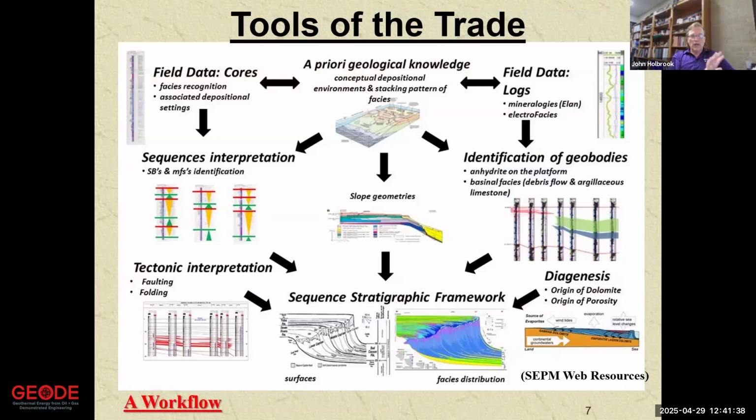We have lots of tools of the trade, lots of subsurface tools, but mostly what we have is a lot of models of how sedimentary systems work that we can bring to the table to understand the intricacies of the sedimentary system. So what we're seeing in our well logs, core, and seismic, we can understand what we're looking at and how those things are going to affect fluid flow.